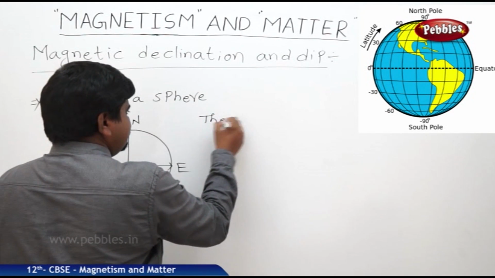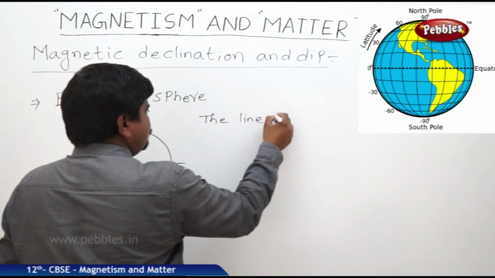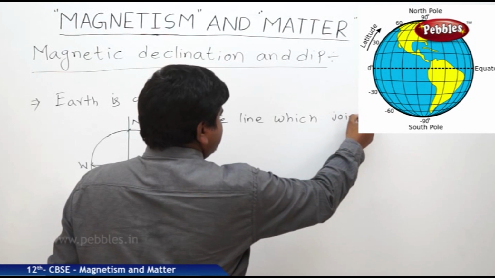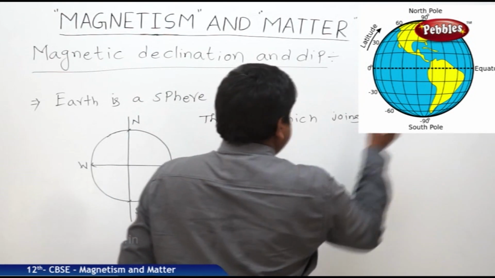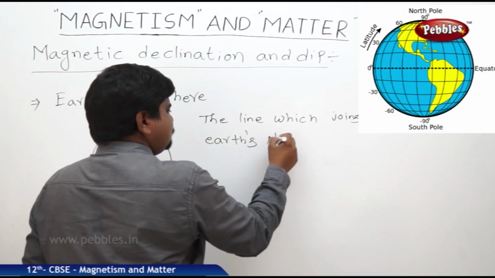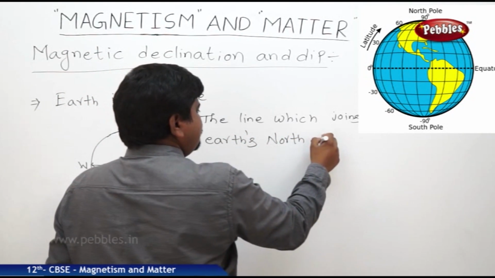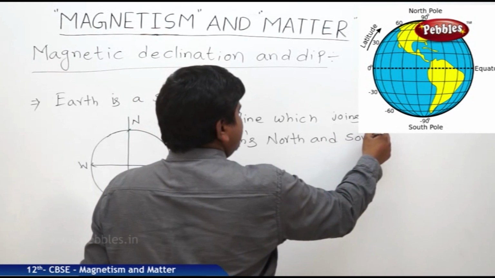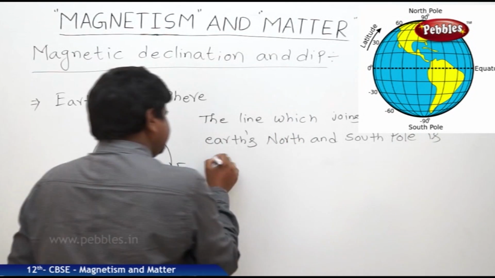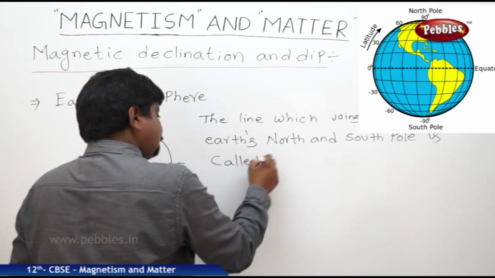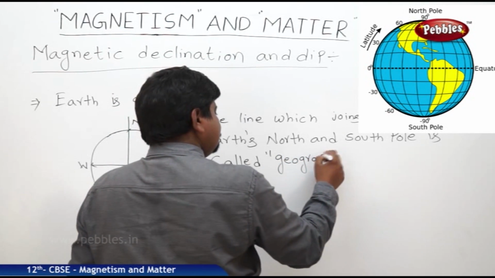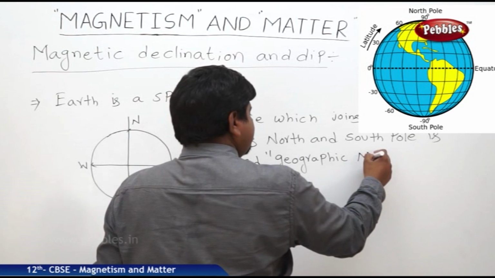The line which joins the Earth's north and south pole is called the geographic meridian.